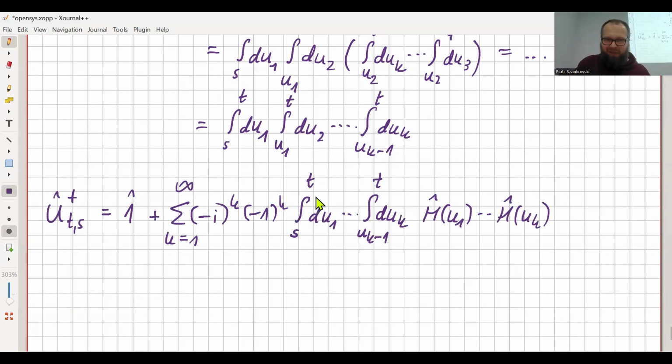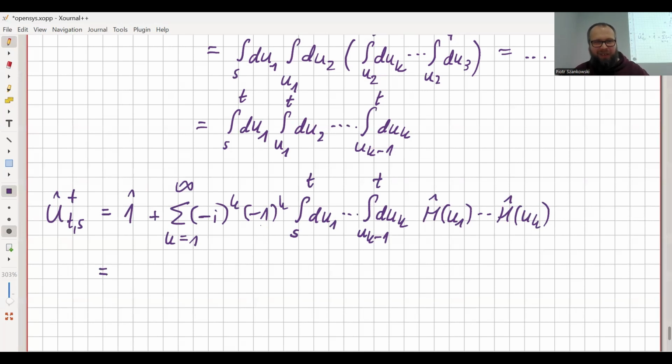Except it would be nice if the bounds were on top rather than below. So let's flip them, but flipping costs a minus sign. Oh, we have extra minus signs here to consume. Very nice.